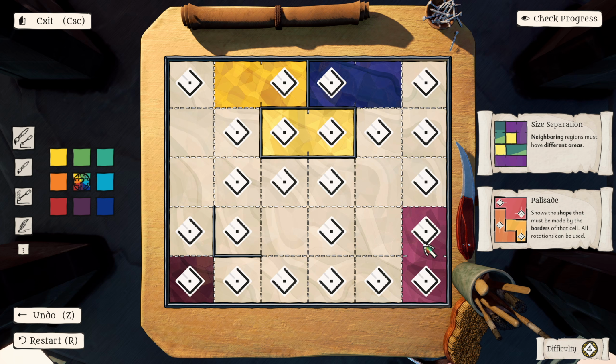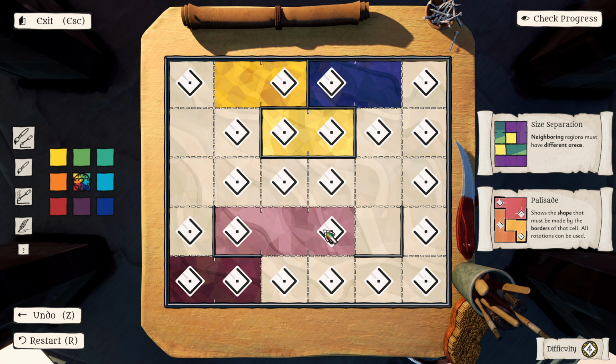You must go up like that, or across like that. That means these lines have to be drawn in. Neighboring regions must have different areas. It makes me want to make as many regions as big as I can.